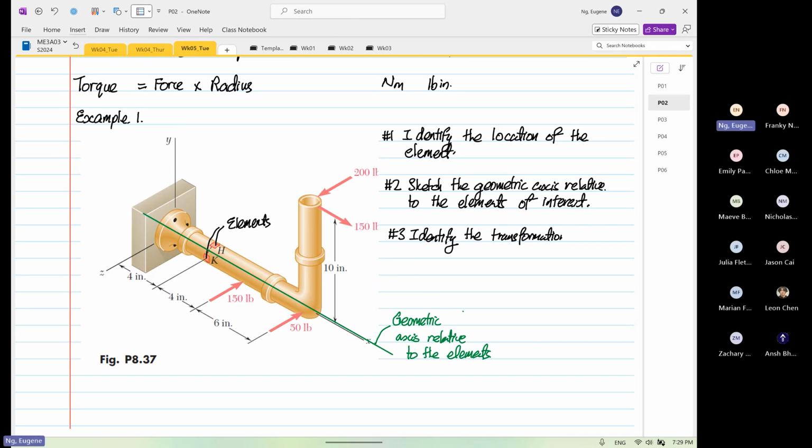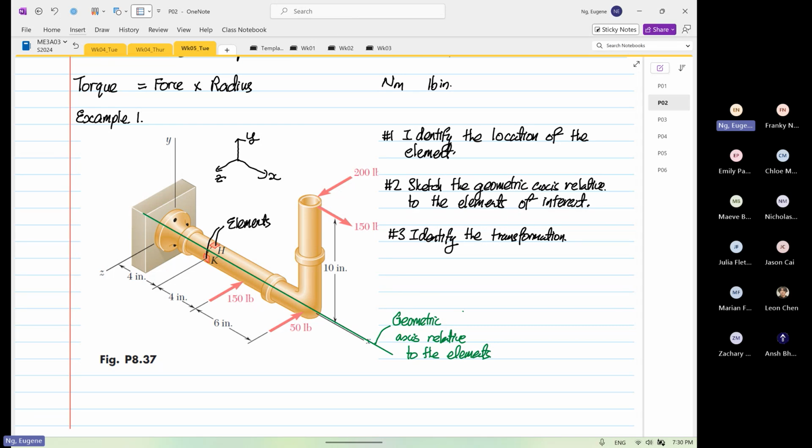For this case, the question gives us X, Y, and Z. So we know that this is our X, this is our Y, and this is our Z. If it's not given, you have to identify them. For this case, we are given in the question.